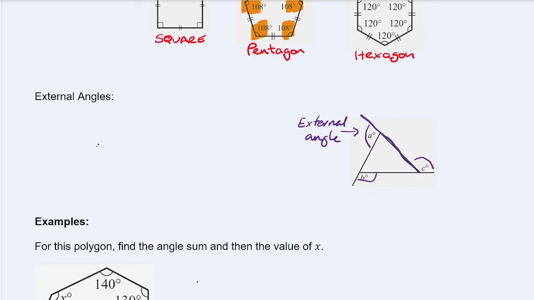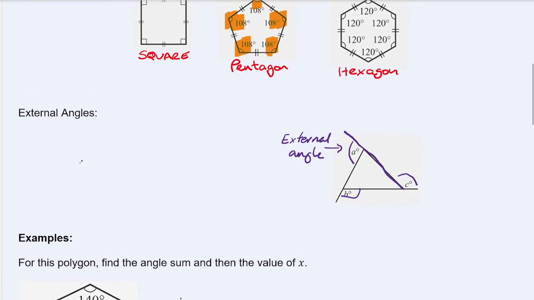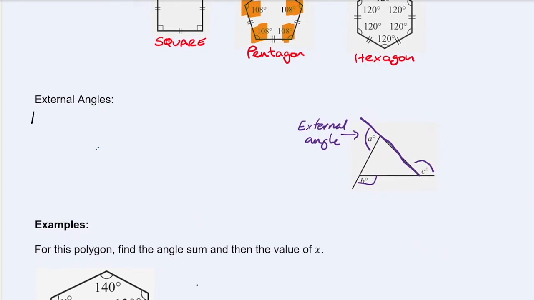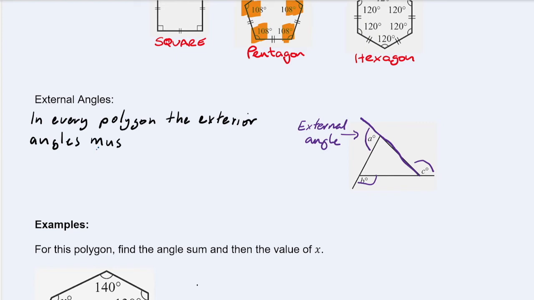Okay, and so that's what we're going to pop on our page now. In every polygon, the exterior angles must sum to 360 degrees.